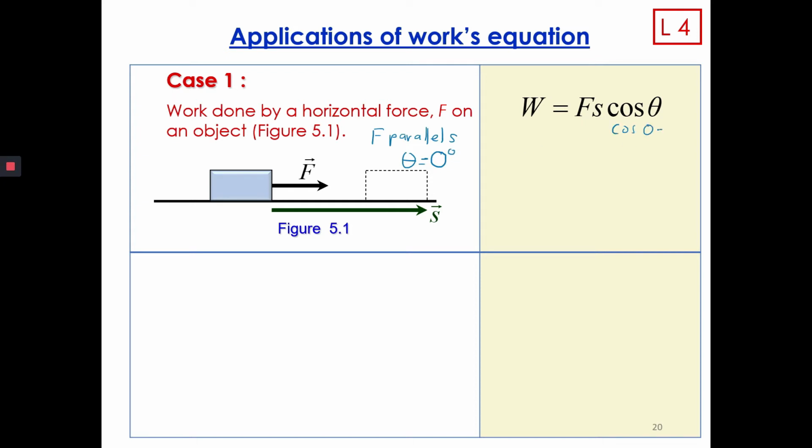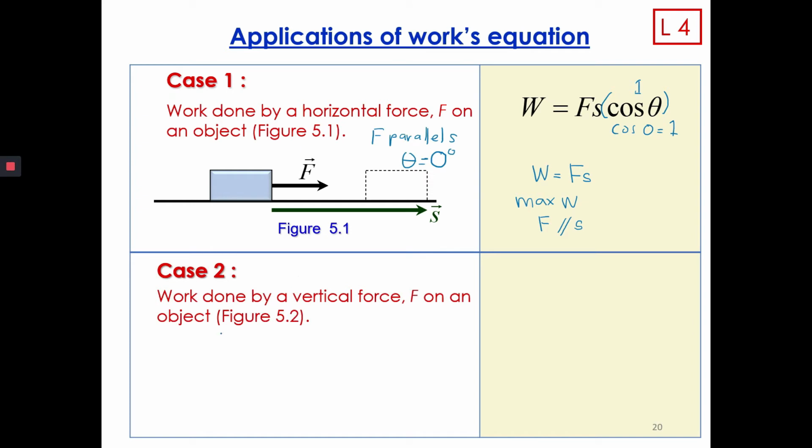Cos 0 is maximum, which equals 1. So the equation of work done will be Fs. This is the maximum work done when your force is parallel to your S.